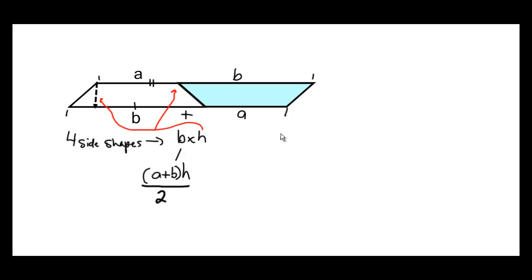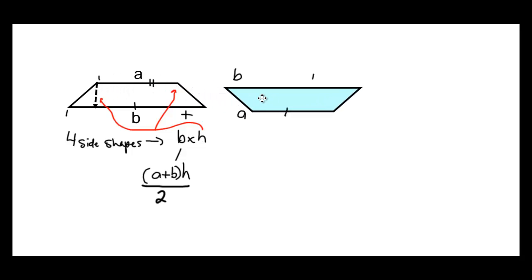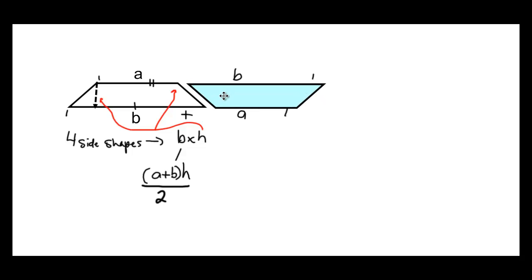Okay? Now, that doesn't matter if we have a trapezoid that looks like this shape, where it kind of resembles a rooftop, or we have a trapezoid that looks like part of a rectangle, like this.